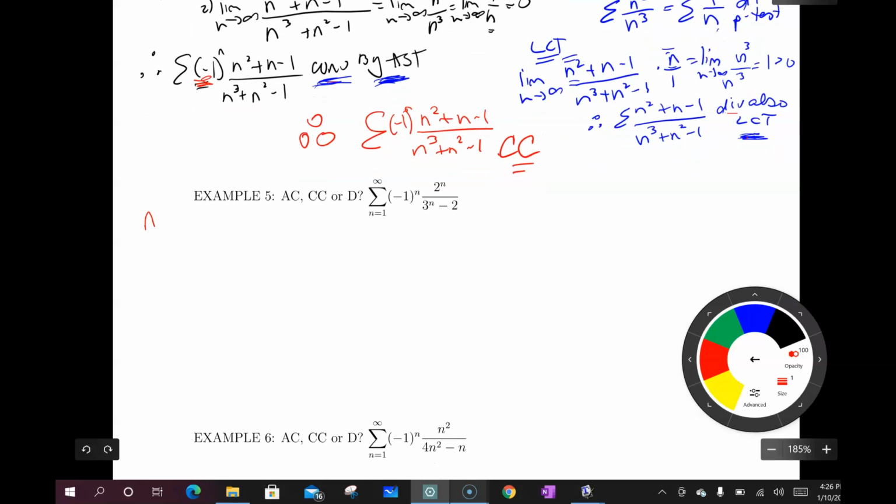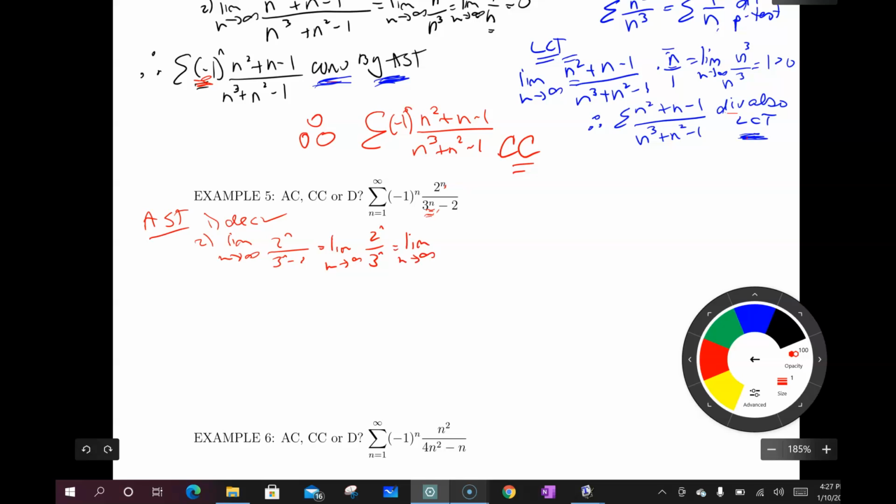Okay, let's try this one. So again, I'm going to start with AST. You don't have to do this. I'm just showing different ways you could go about it. Does it look like the terms are decreasing as I plug in bigger n's? Yes, this looks like it's got more in the denominator. What happens when I take the limit as n goes to infinity? Get limit as n goes to infinity, 2 to the n over 3 to the n.